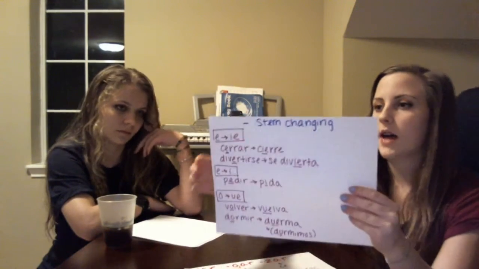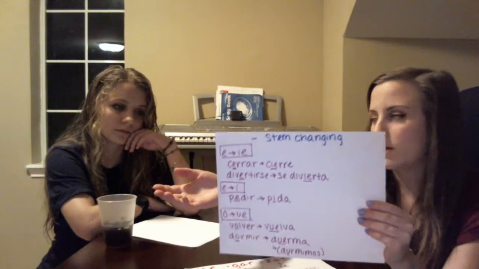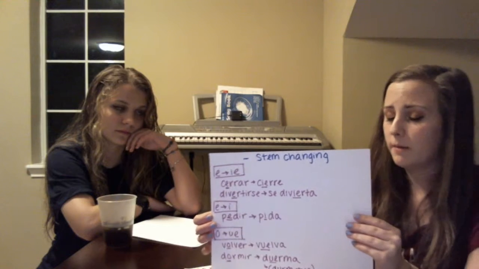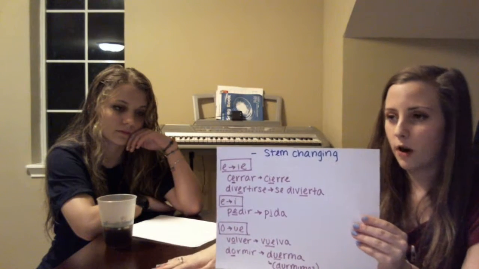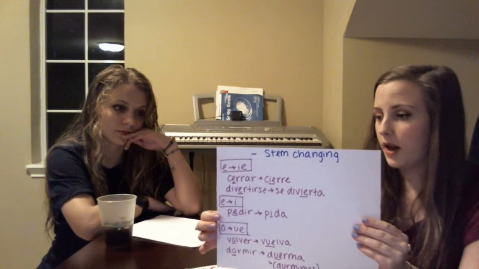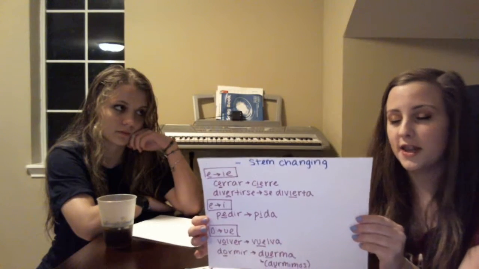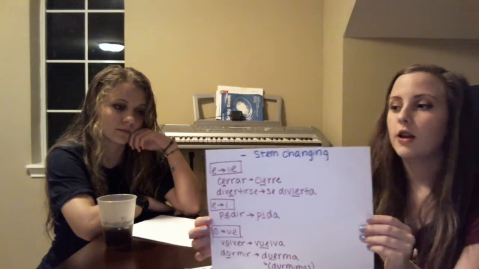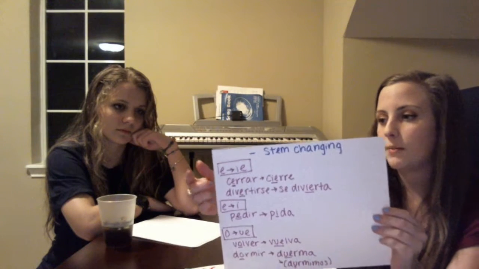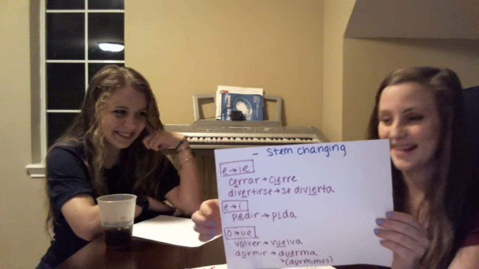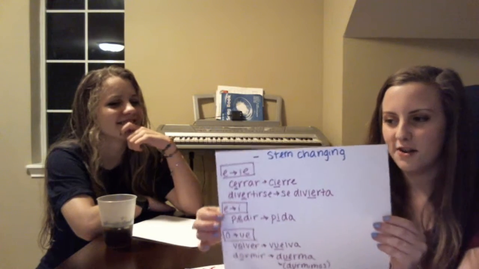So to go into that a little bit more, we have some stem changing verbs, and this kind of accounts for some of the irregular verbs, but all of the verbs, AR and ER, that have stem changes in the present tense are going to have the same exact stem changes in the subjunctive form. So, for example, we have some E to IE, E to I, and O to UE.